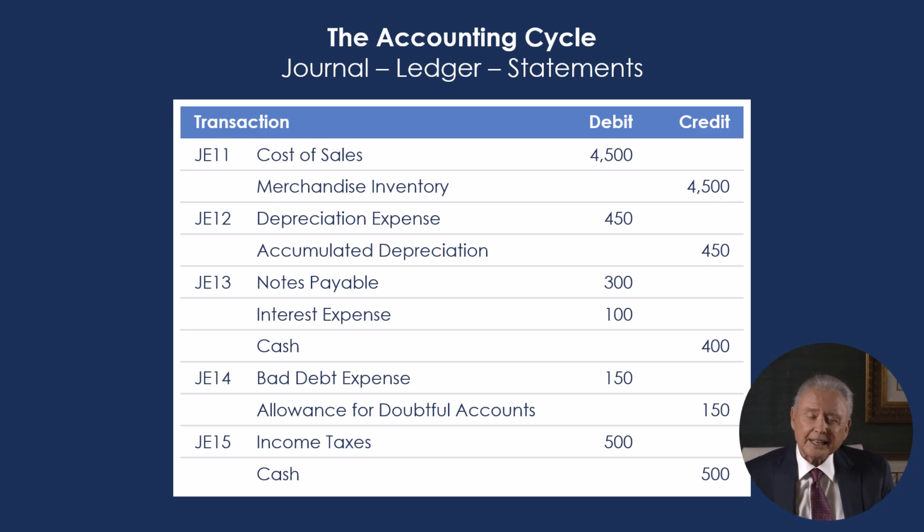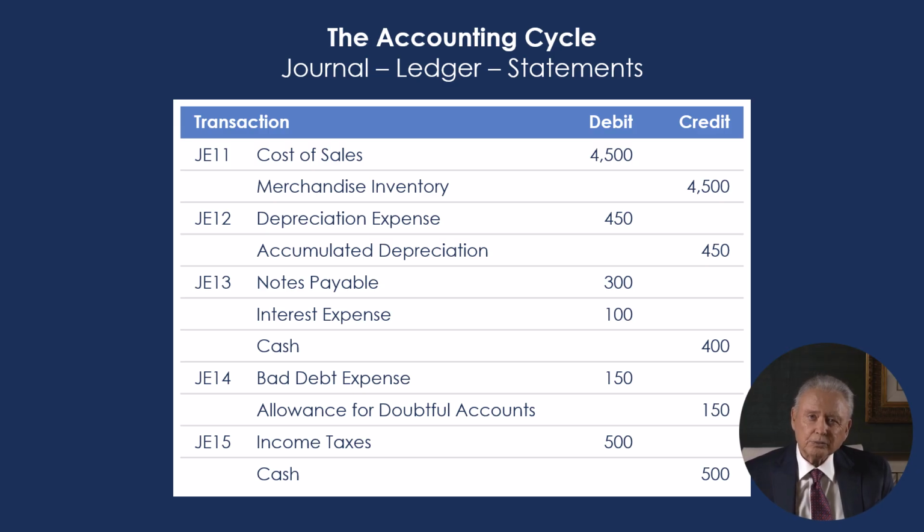Journal entry 13, notes payable, needs to reflect the payment on the balance of a note, 300, and the attendant interest expense, 100, and cash credit of 400. This journal entry is known as a compound entry. It has two debits, a debit to notes payable for 300, lowering that account, a debit to interest expense for 100, increasing interest expense, and a cash payment of 400.